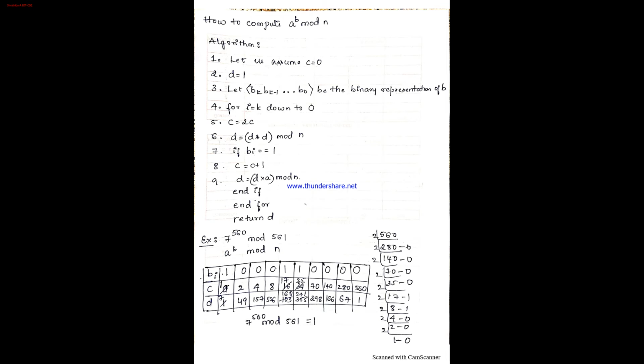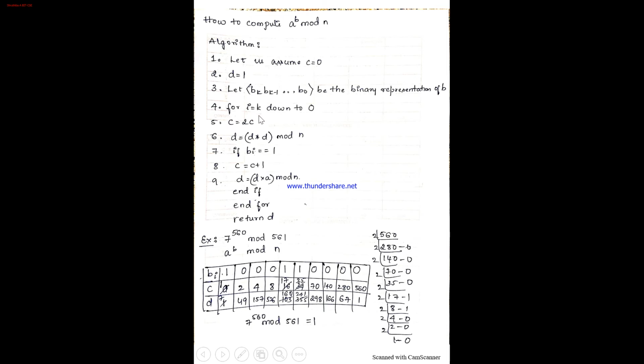I'll explain now. So a to the power of b mod n, say for example if you are asked to perform that, you can go through these steps carefully. First we'll assume the value c is equal to 0, and let d be equal to 1. Next we get the binary representation of the power, whatever the b value is, its equivalent binary representation.